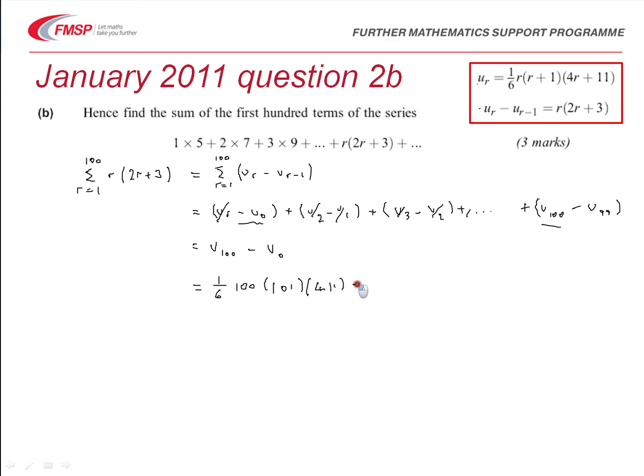And we've got to subtract U0, which is going to be a 6 of 0. So that doesn't really matter. That term will disappear. And so if we complete that calculation, that will give us the result that we require of 691,850.